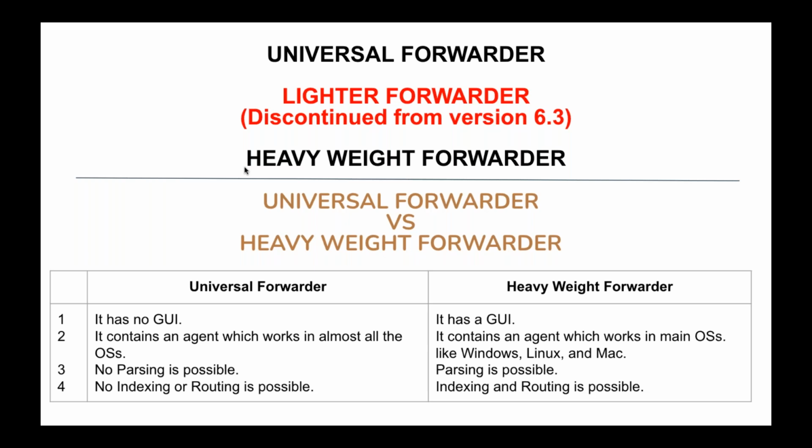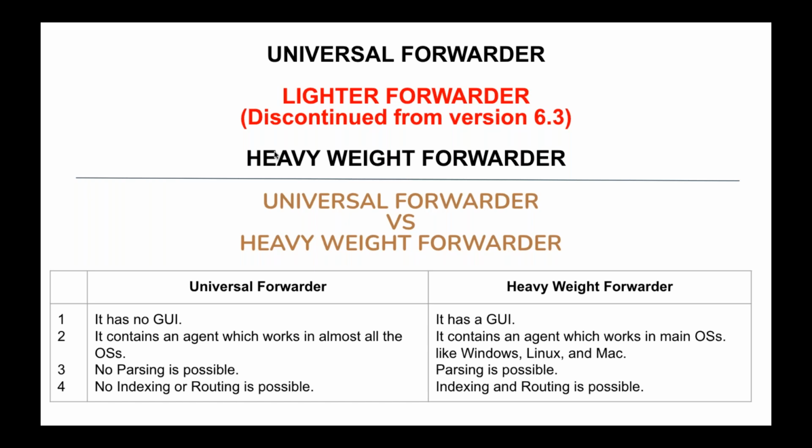Now you should get a doubt here. However, data is being forwarded. Why have such differences? Why have a universal forwarder and why have a heavyweight forwarder? Earlier there was a lighter forwarder also, but as it is not there, we won't discuss it at all. That is a different topic. So we have universal forwarder and heavyweight forwarder. Why have those things at all?